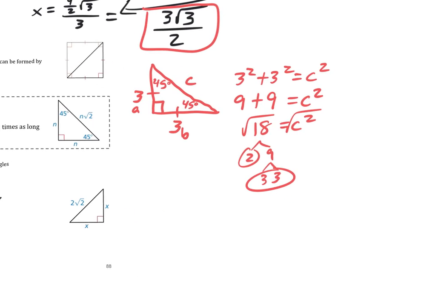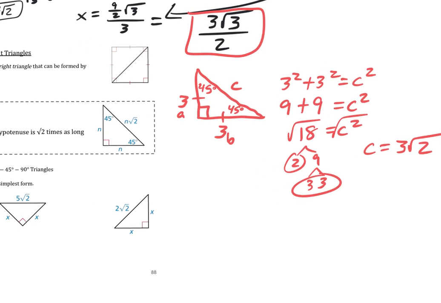And so if I was going to simplify this, I'm going to bring the pair out, and I'm going to leave the 2 on the inside because it doesn't pair up. So my hypotenuse of this triangle over here is 3 radical 2. Okay, but here's the rule. Here's the trick for today.